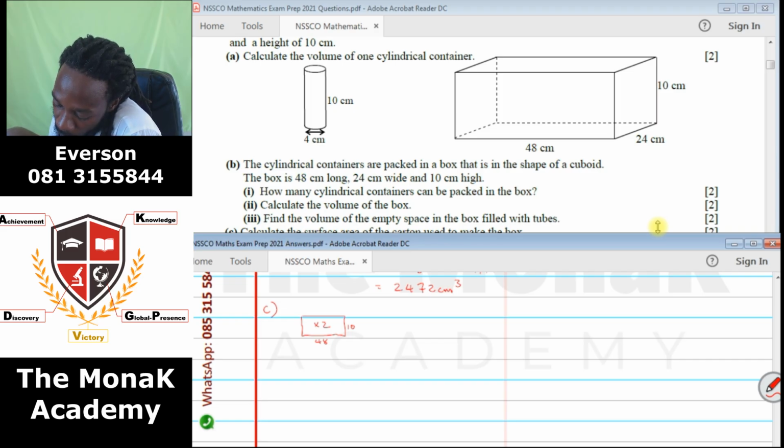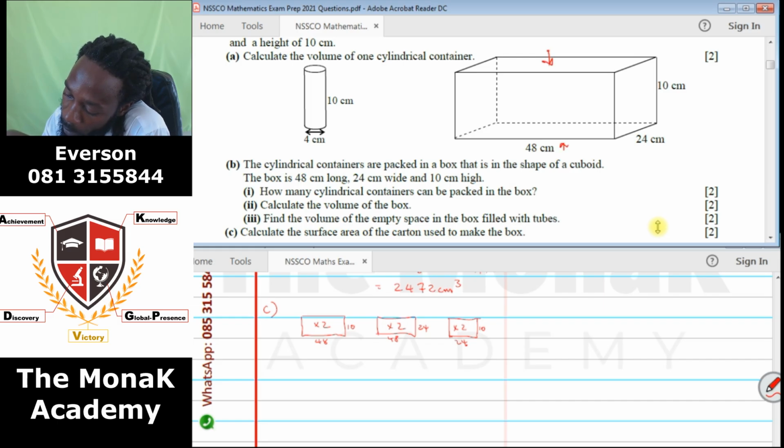We also have the top and bottom, which are 48 by 24, and there are 2 of them. And we have the sides, which are 24 by 10, and there are 2 of them. So that's completely 6 sides, and we get the total surface area.